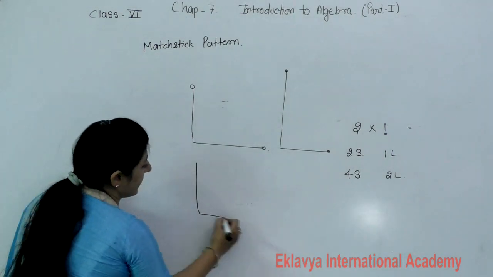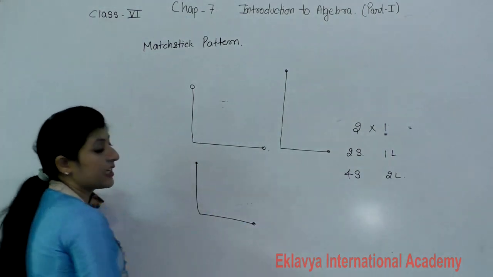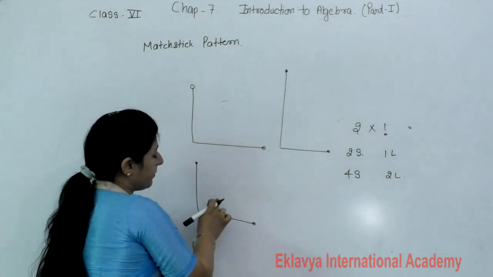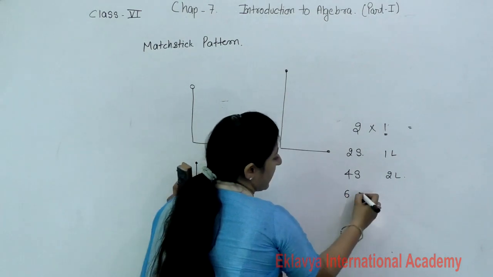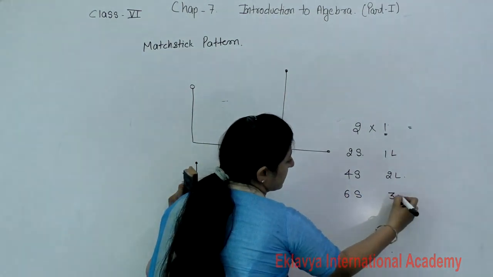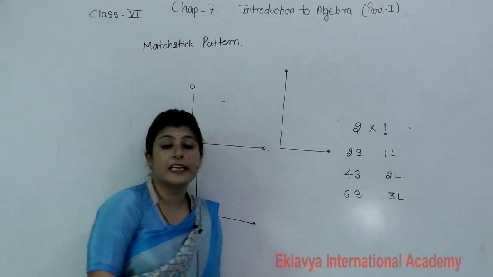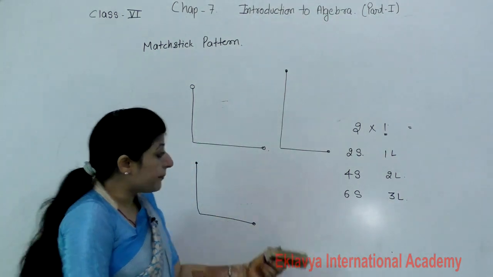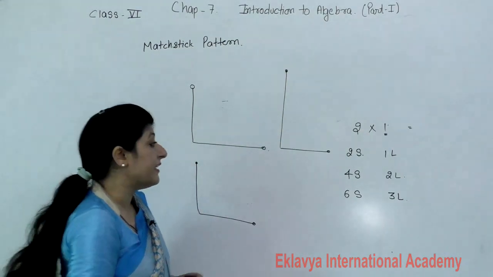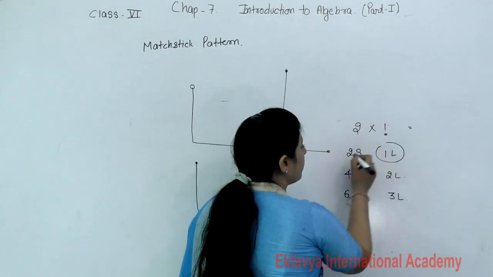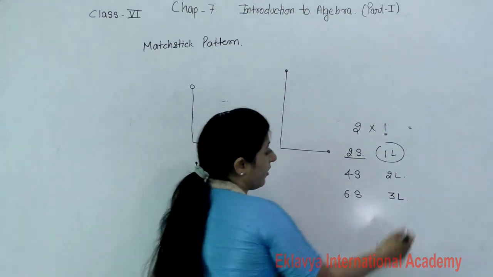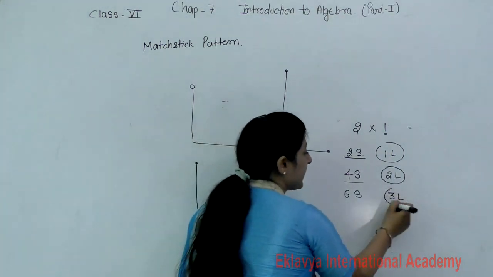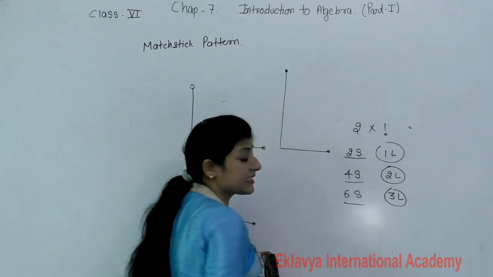Suppose 3 Ls, then how many? Again 2, 2 plus 2 plus 2, 6. When you use 6 matchsticks, then you can form 3 letters L. So it means, if you see properly, for 1 L we need 2 sticks, for 2 L we need 4 sticks, for 3 L we need 6 sticks.